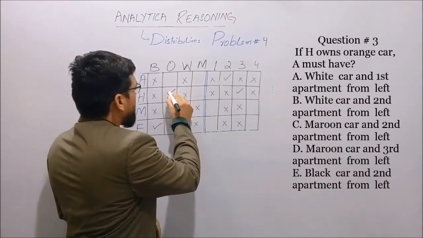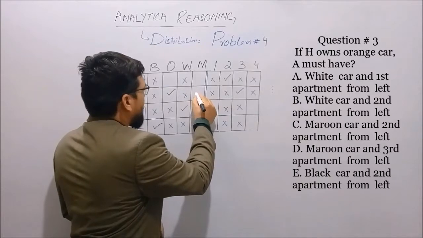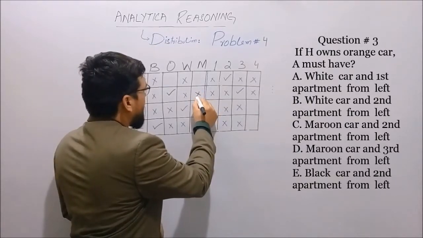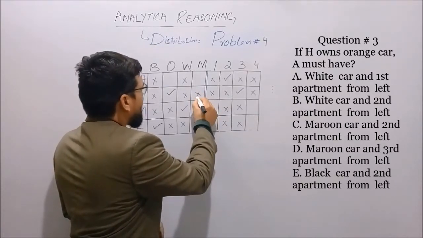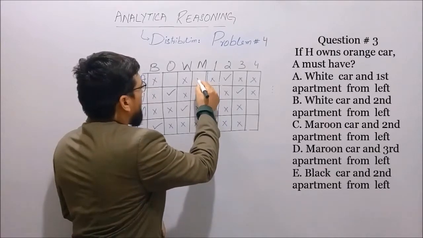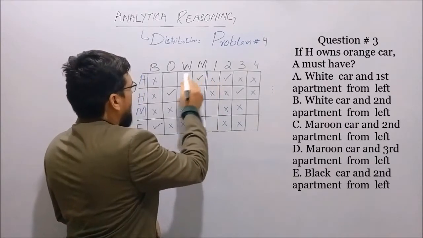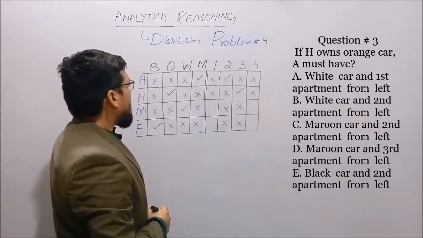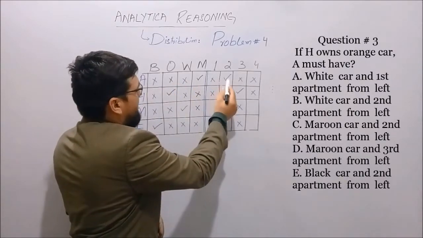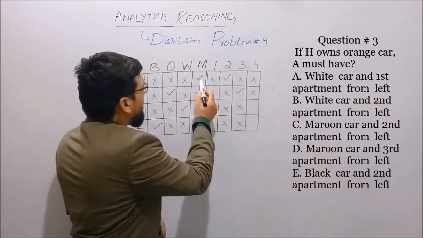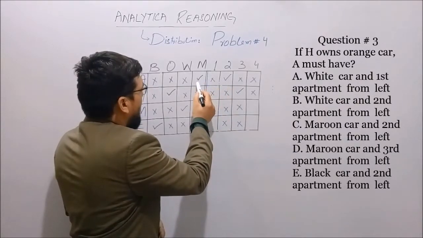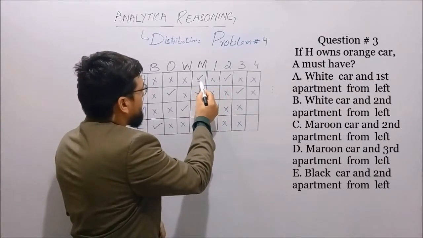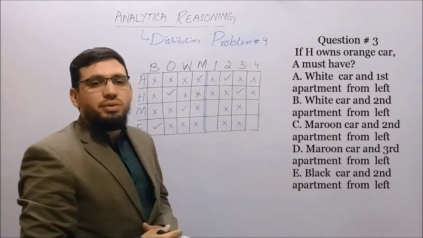As H has the orange one, that person cannot have the maroon one, and automatically the maroon one will be assigned to person A, and over here we have a cross. Right now the apartment of A is second, and the color of the car of A is maroon.